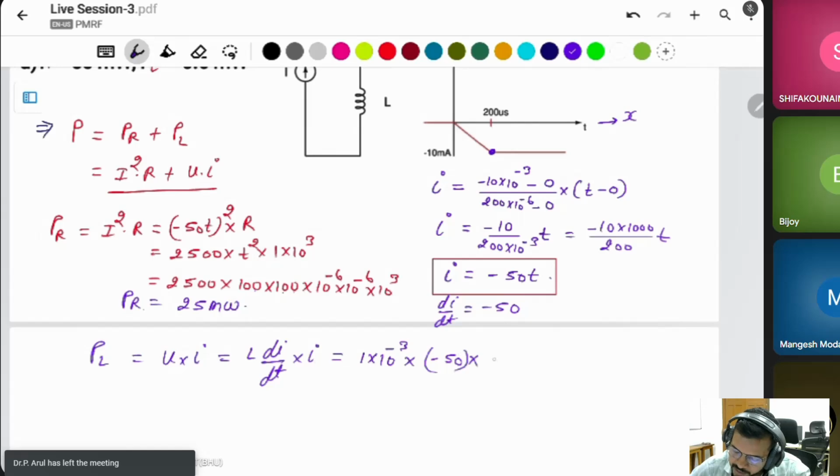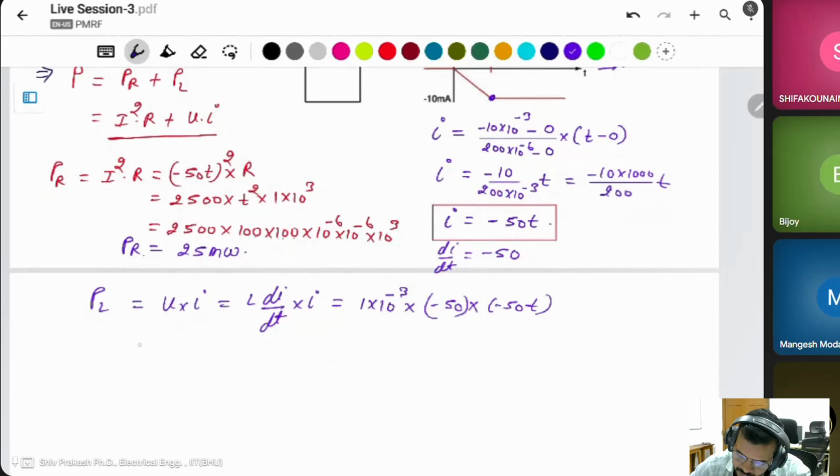Minus into minus is positive, 2500 into t, which is 10 to the power of minus 6. So this will be 100 micro t.